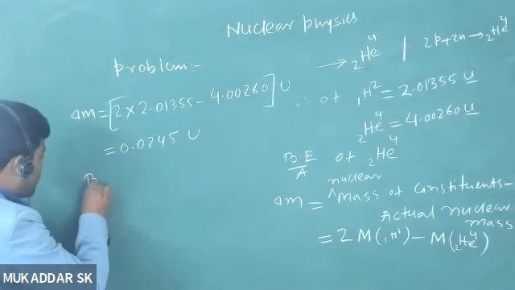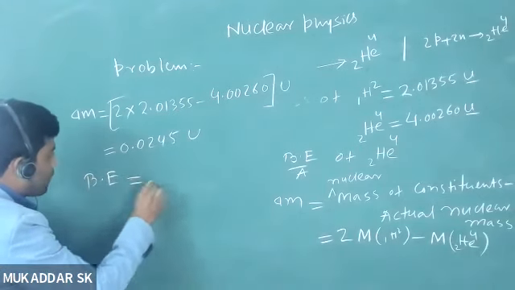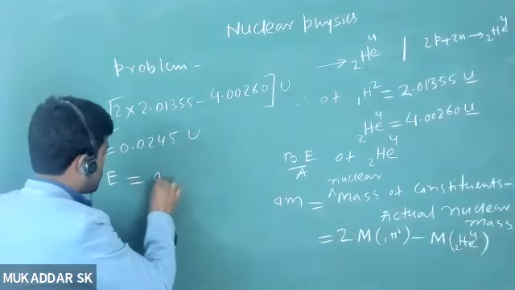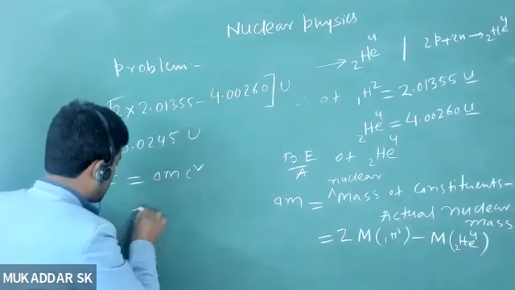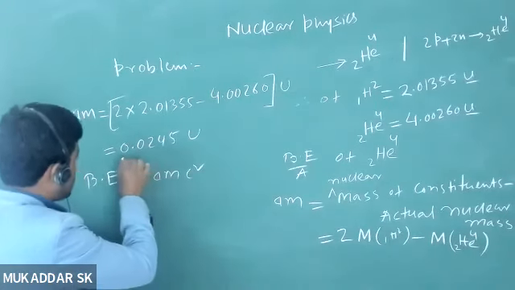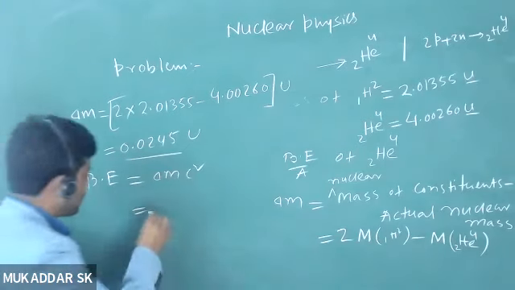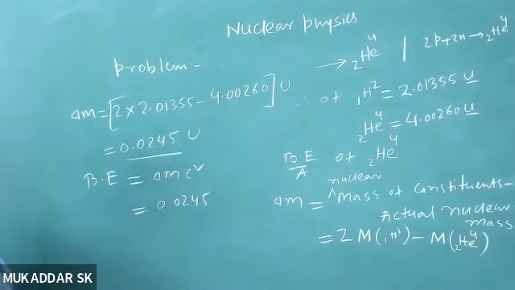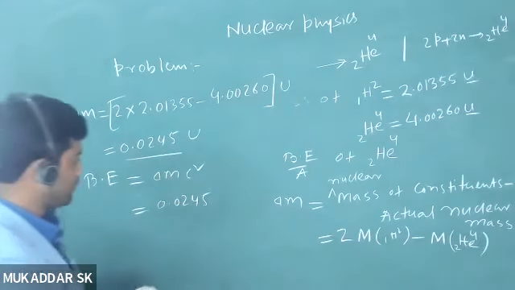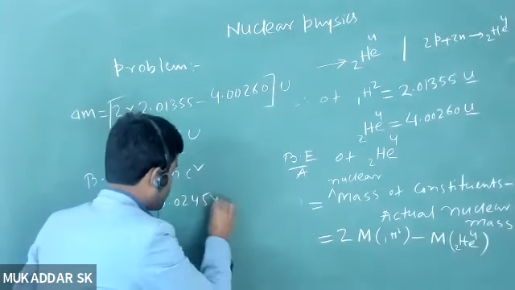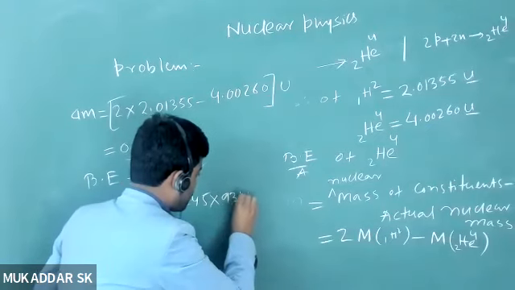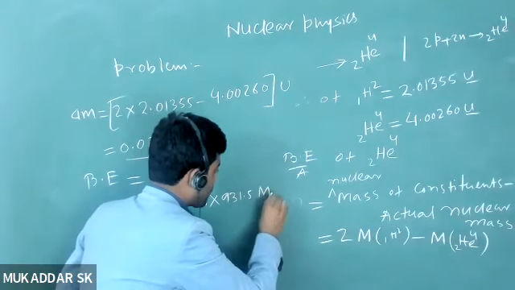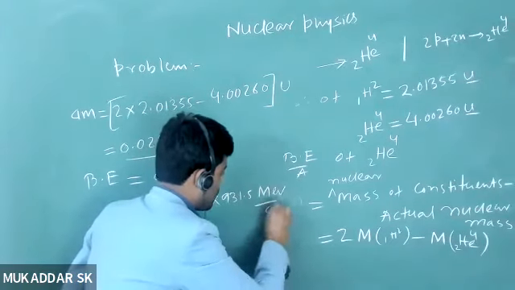Now you can calculate binding energy of helium, right? And that will be how much? That will be nothing but delta M into C square. And delta M is what we have calculated actually, that is 0.0245 U. From U you have to go to MeV per C square just by multiplying 931.5, then it will be mega electron volt per C square, right?